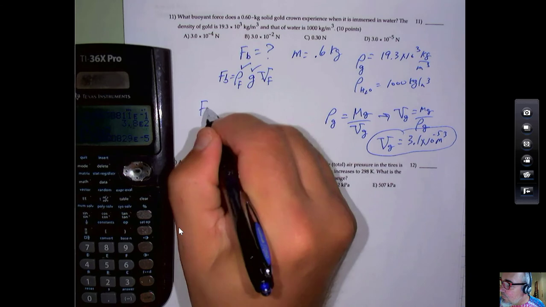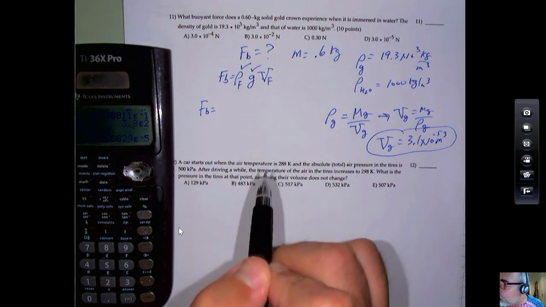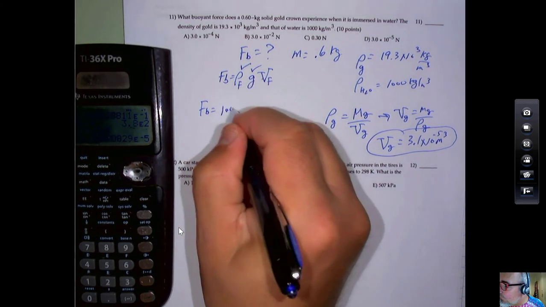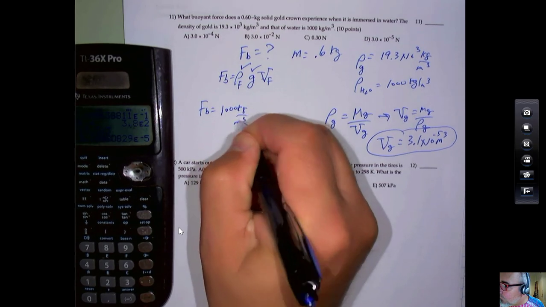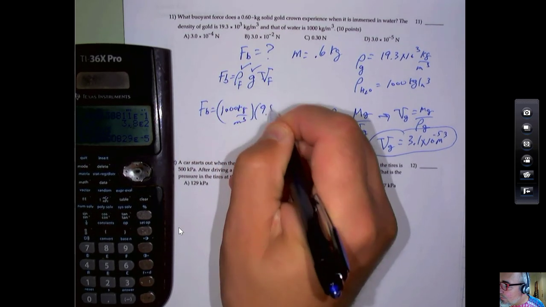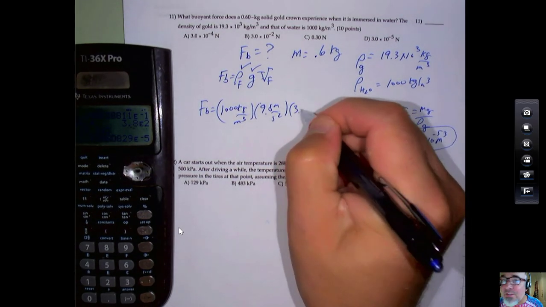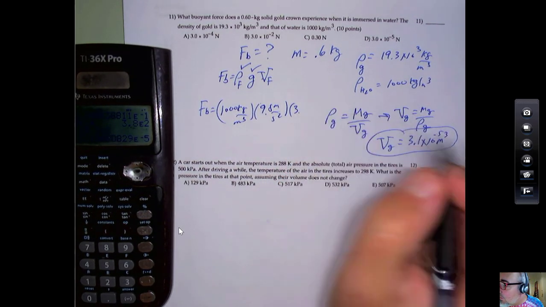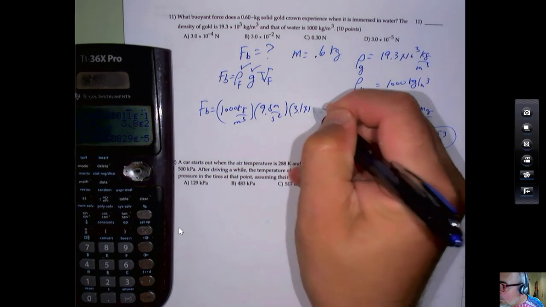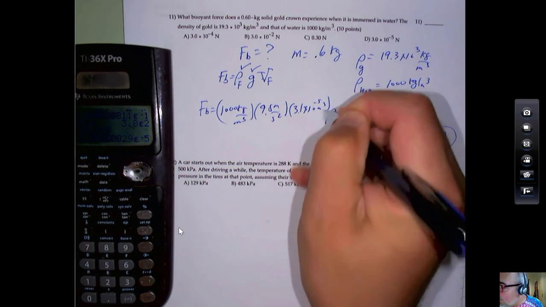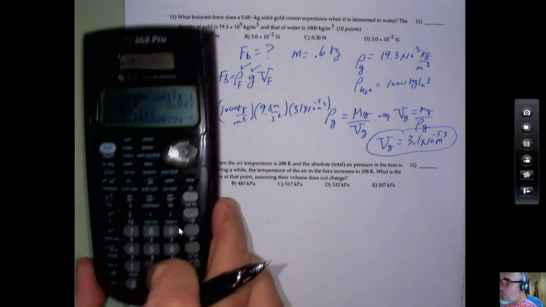Okay, so buoyant force: density of the fluid, 1,000, times 9.8 meters per second squared, and now here's the volume of the fluid that's displaced, the same thing as the volume of the crown, so 3.1 times 10 to the minus fifth cubic meters. I still have that on my calculator.